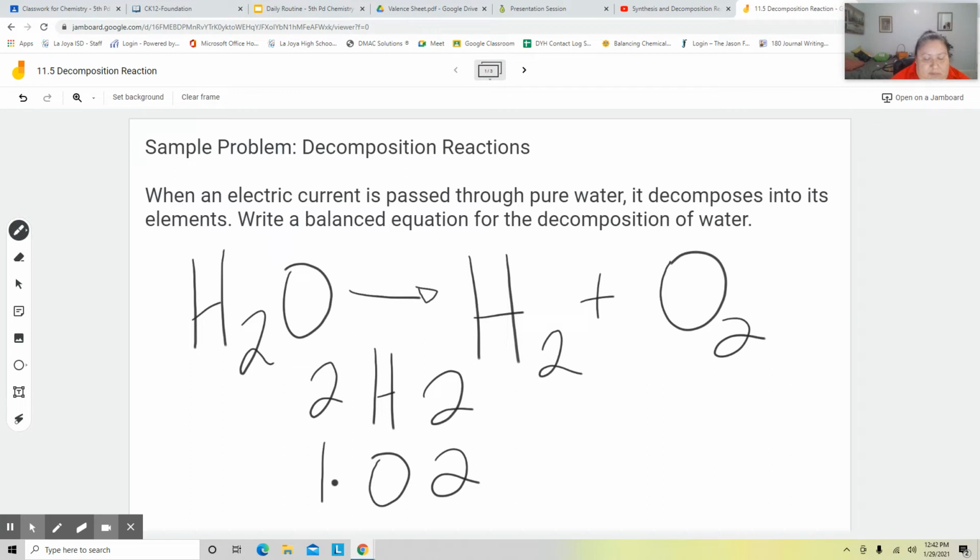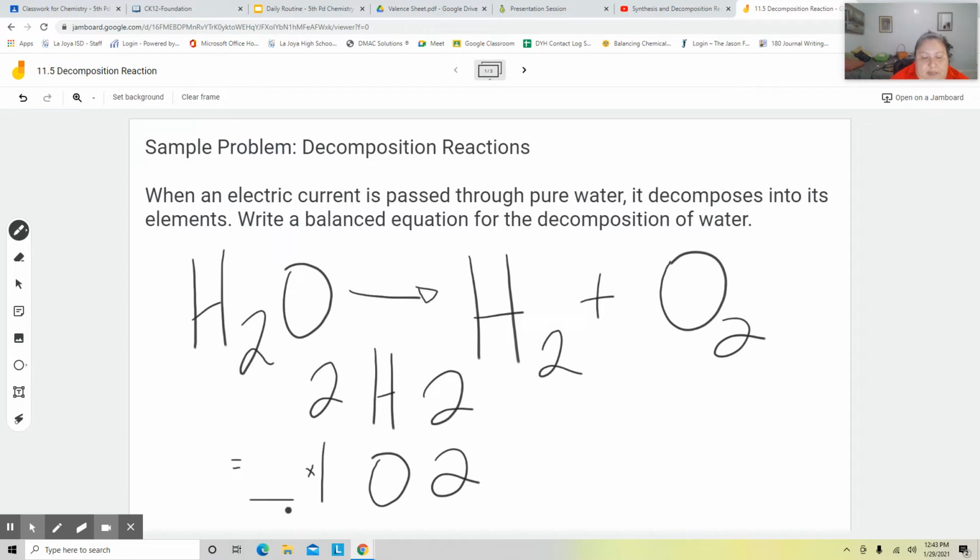Okay, what's the plan? What do I need to multiply in order to balance? Okay, but what do I need to multiply by? What goes in the blank here? 1 times 2, right? I got a 1.